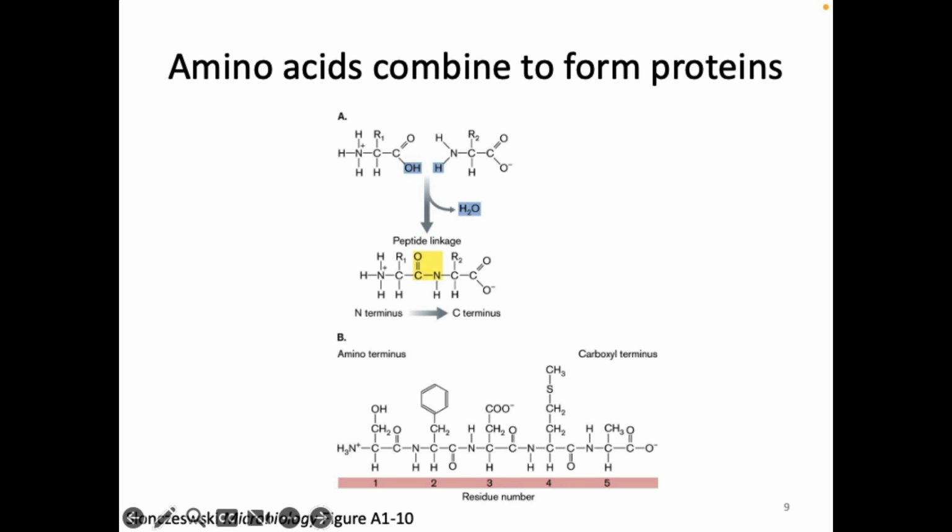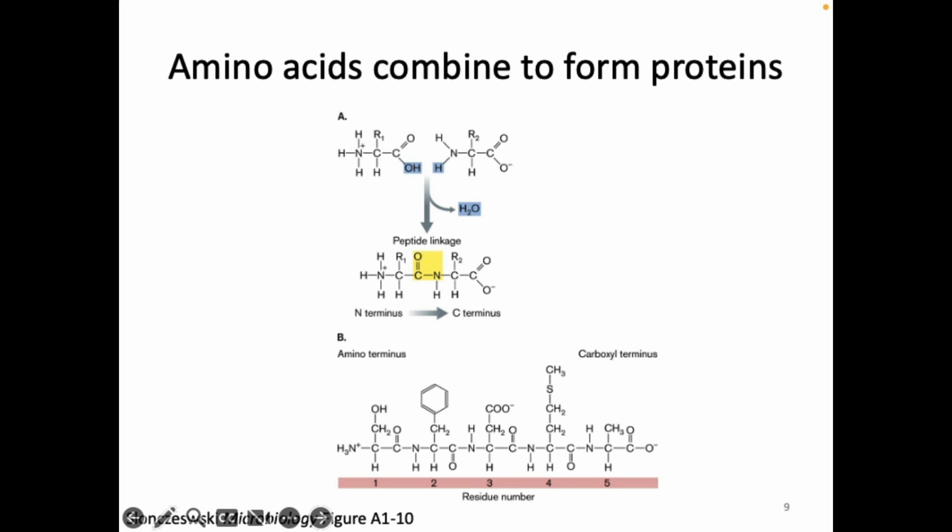You can see two individual amino acids at the top. One of them has on one end this NH2 or NH3. That's the amino group. Then we've got this carbon in the middle, and then we have this COOH group, this carboxyl group. And we're going to then bind a carboxyl group to the amino group of the next amino acid.